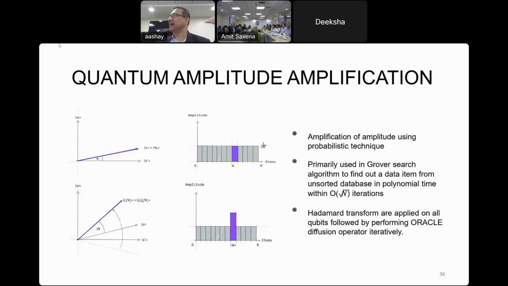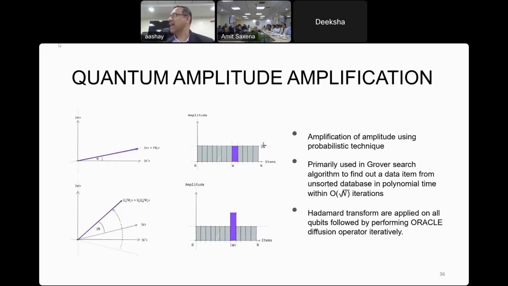So what does it do in each step? It does a reflection over S dash, and comes to the bottom part, and then it gets reflected again. In each reflection it becomes closer to the orthogonal axis.